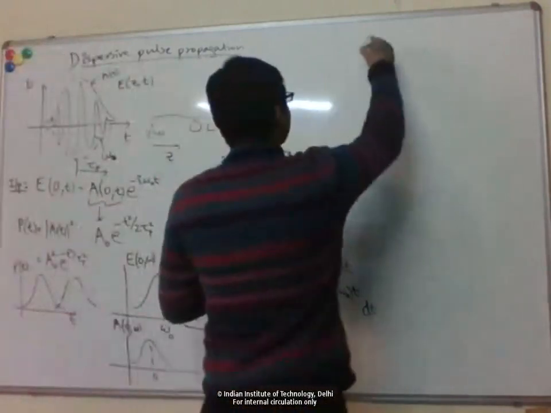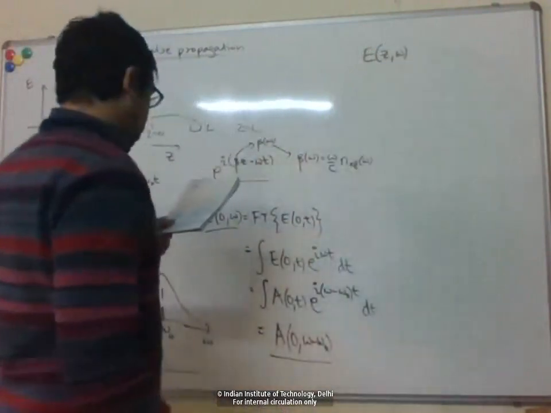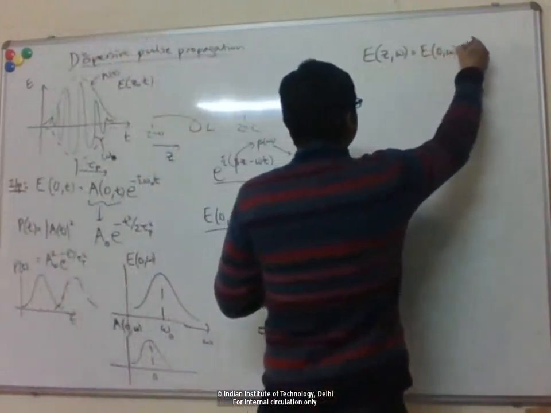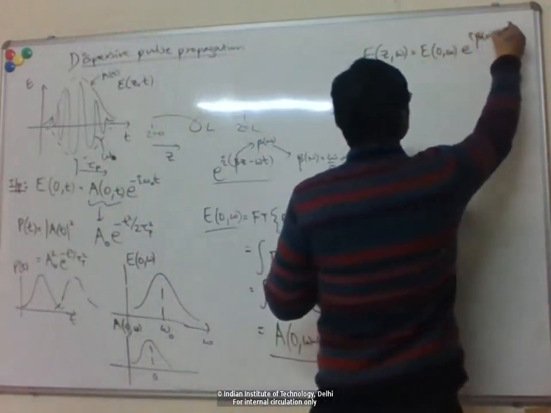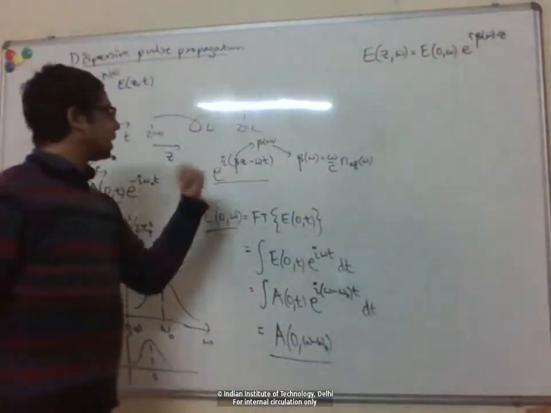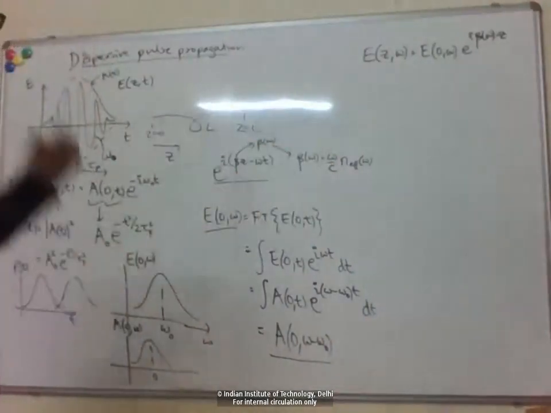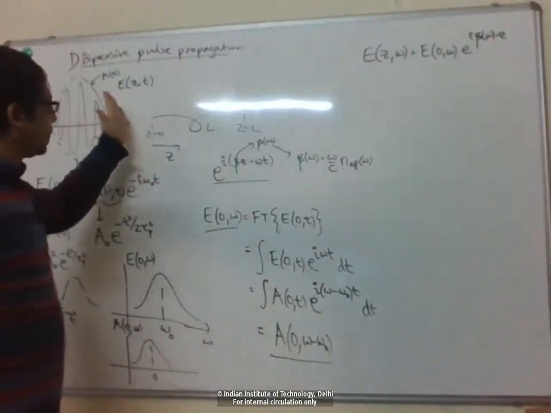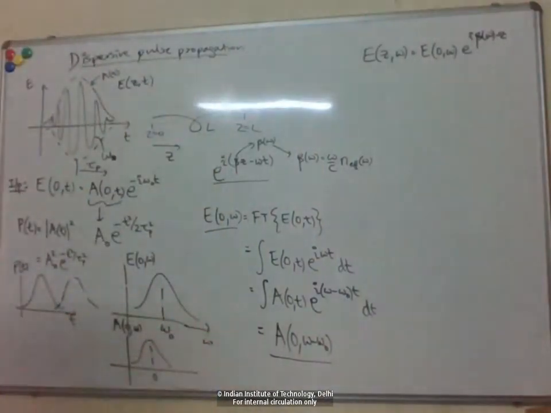It will just be a phase. So E at z and omega will be just the input spectrum multiplied by the phase, because that's the only thing that is happening. I have this mode, so again single mode fiber, LP01 mode is launched, and that mode is propagating. As it propagates, it acquires a phase. That's all that is happening.